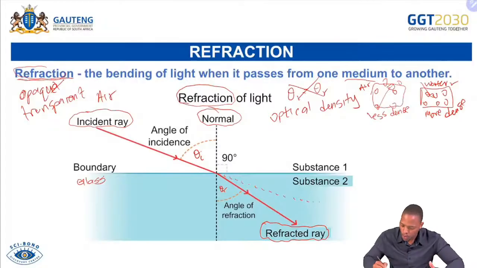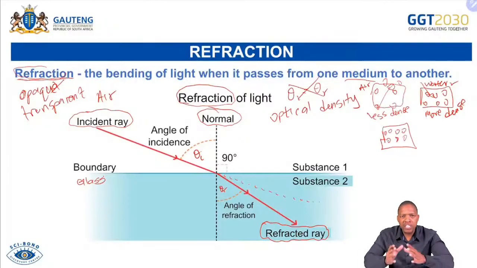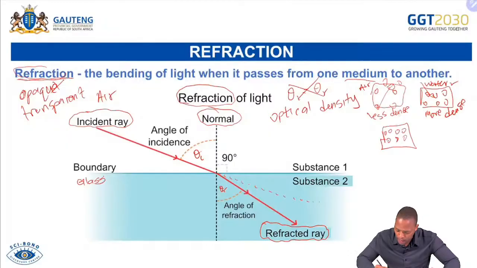Okay? So let's think about glass. Glass should be almost similar to water if we were to compare it to air. When you compare to air, particles all over the place, glass should have particles that are relatively close to each other, maybe even closer than water, okay, right? So if light wants to pass through glass, it should have difficulties as compared to when it was trying to pass through air.